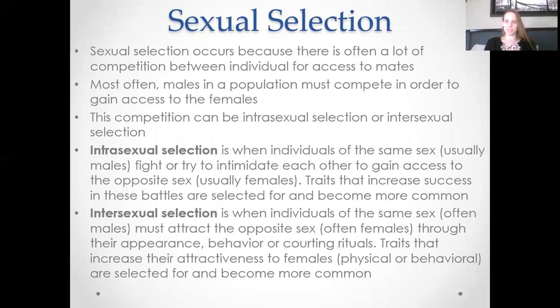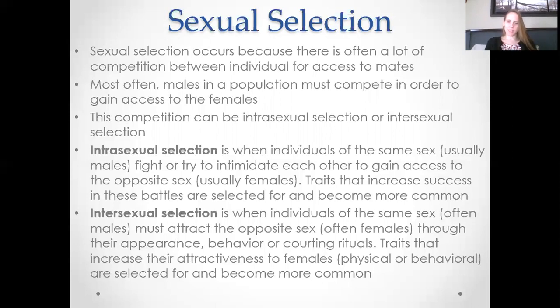So usually this is males trying to become the alpha male and fight off the other males in order to have access to the females. And then whatever trait makes you better at fighting off the other males, that trait will become more common in the next generation because most of your offspring will have it and you will have more offspring than anyone else.